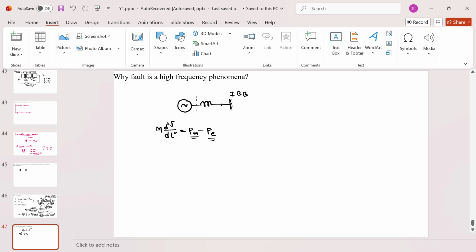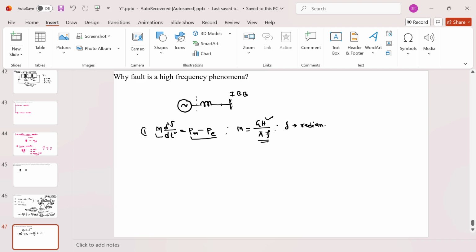M is also called the inertia constant, and M is simply GH by pi f, if I am taking delta in radians. H is also an inertia constant, but the units are different. This is called the swing equation.